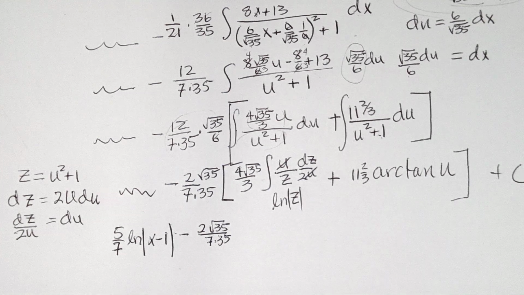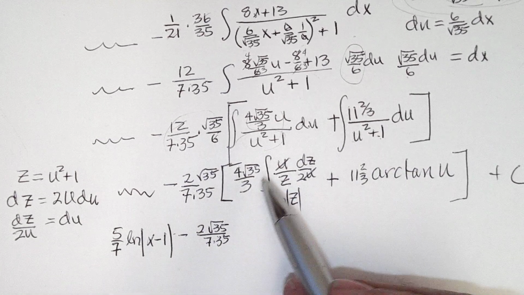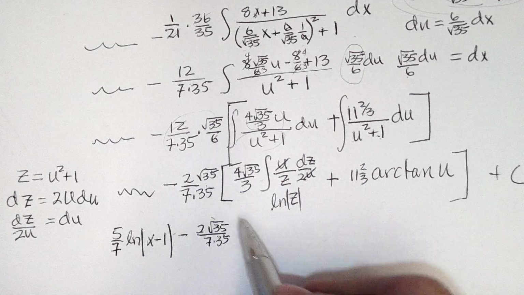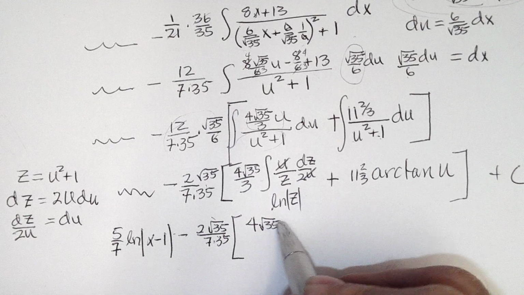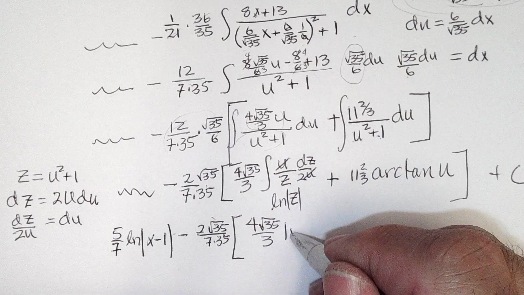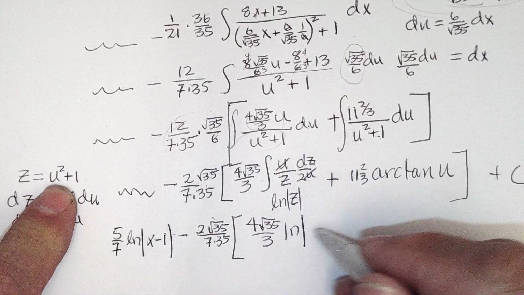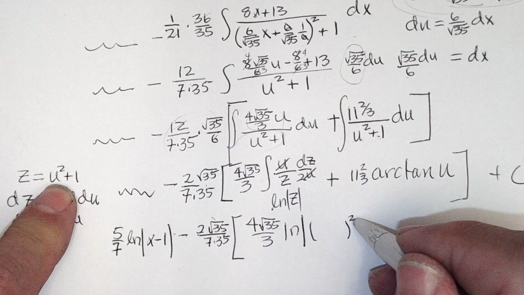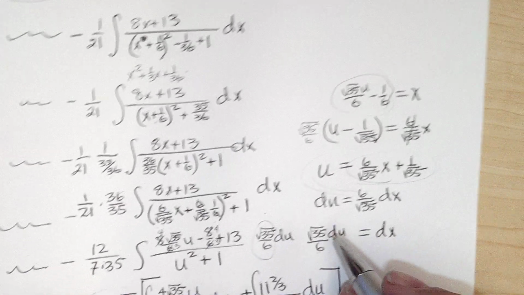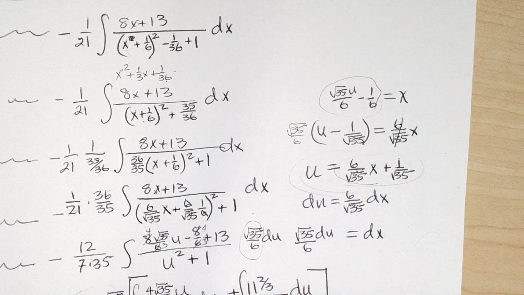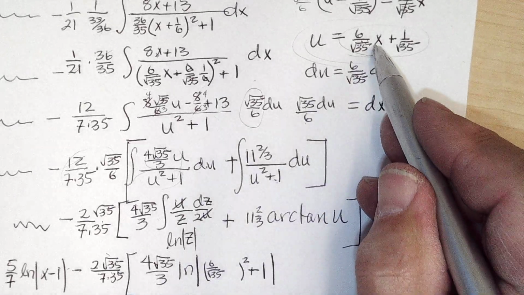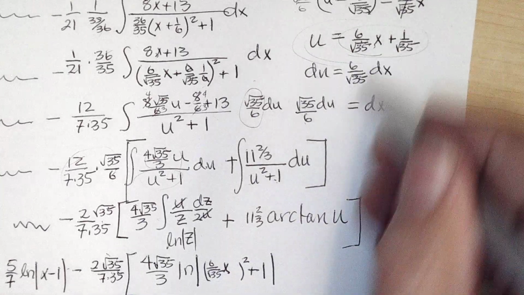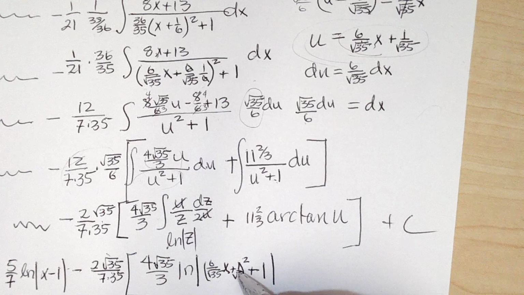I think that's 245. But anyway, that times this, 4 square root 35 over 3 ln z, which is u squared plus 1, and u was 6 over the square root of 35 x plus 1 over the square root of 35.